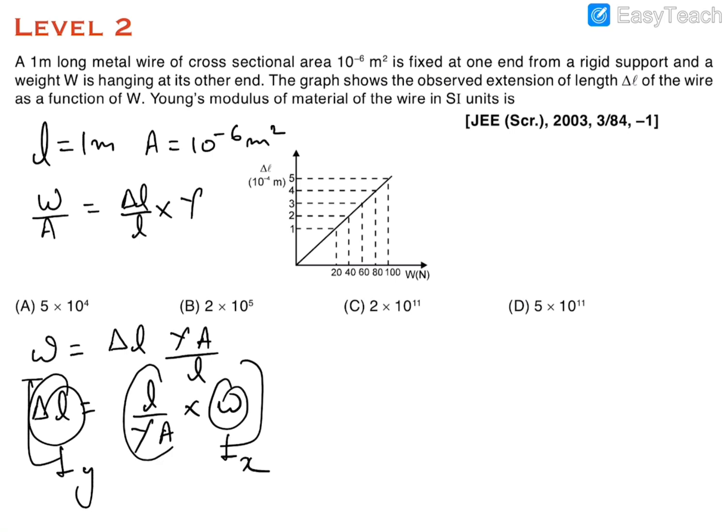And the slope of this graph is this one. So slope is equal to L by gamma A, and slope is also equal to delta y by delta x.